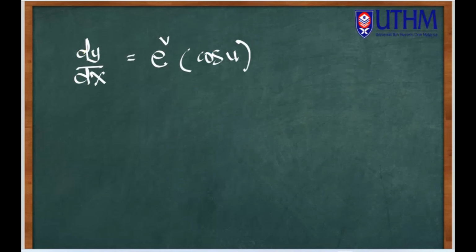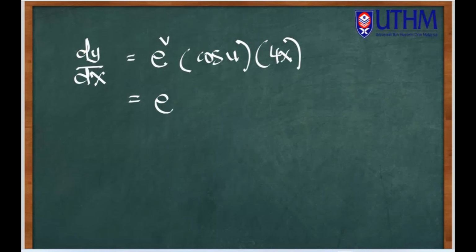So now we know that dy/dx is equal to dy/dv, which is e^v, and then dv/du is cos u, and then du/dx is 4x. Therefore we just replace back.